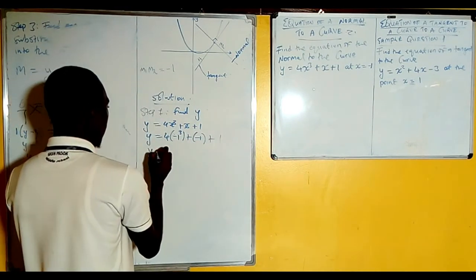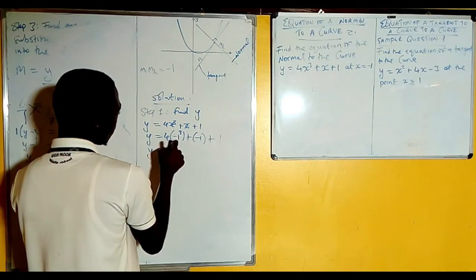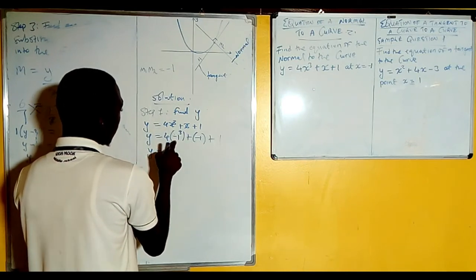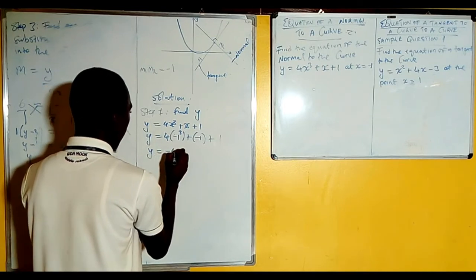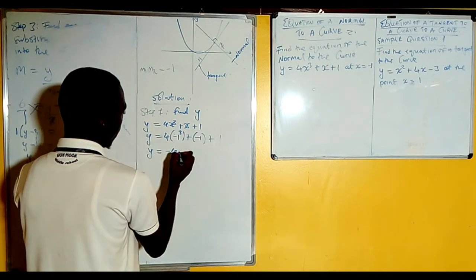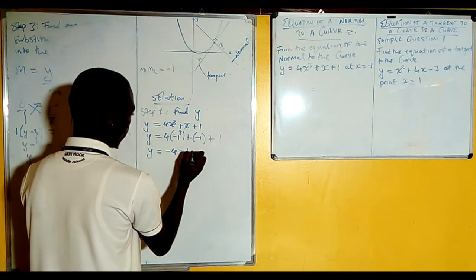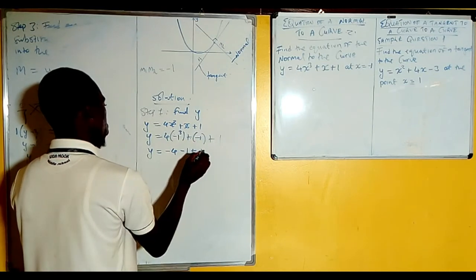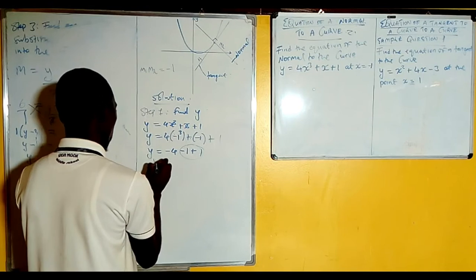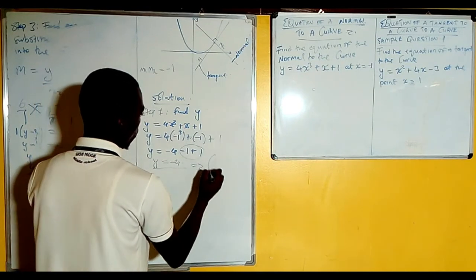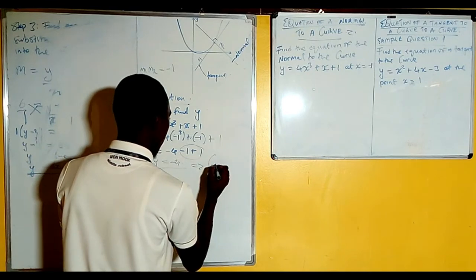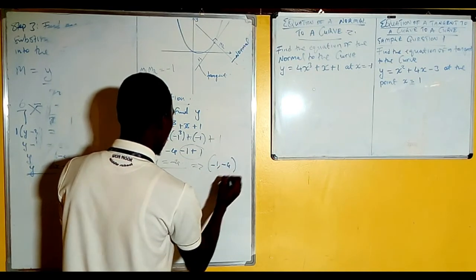Okay, so this negative 1 to the power 3 is still negative 1, and times this 4, it will still be negative 4. Then this one and this one will be negative 1 plus 1, so it is as good as these are cancelling each other. So y is equal to negative 4. This implies that we now have the coordinates, which is negative 1, negative 4.